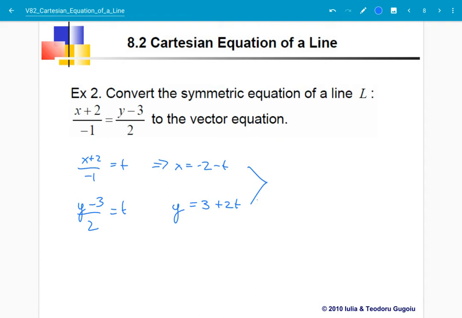Then to get the vector equation, the x naught is the negative 2, the y naught's the 3, the parameter is t, the x component for the u vector, the direction vector is negative 1, and for the y component it is 2. All right, so that is symmetric, vector and parametric equations of a line connected.